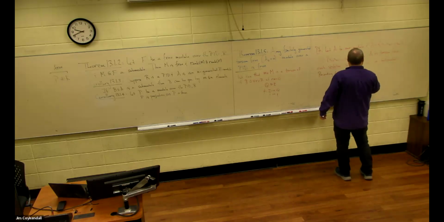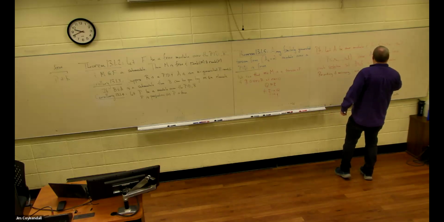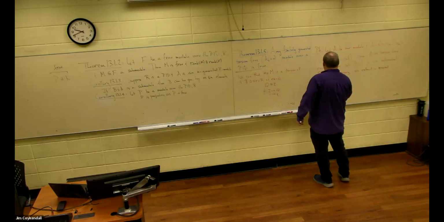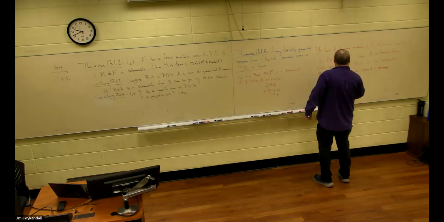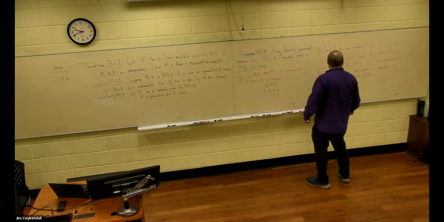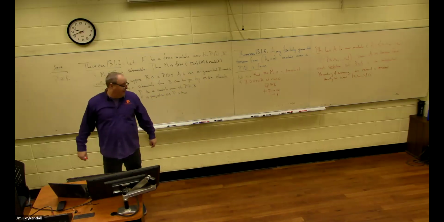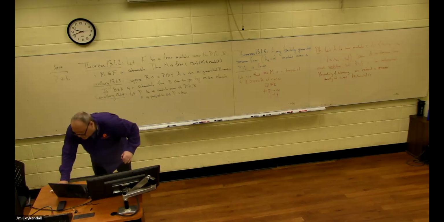We extract a maximal linearly independent subset x1, x2, up to xk, a subset of X. And k is at least 1 because we know the singletons are all linearly independent.